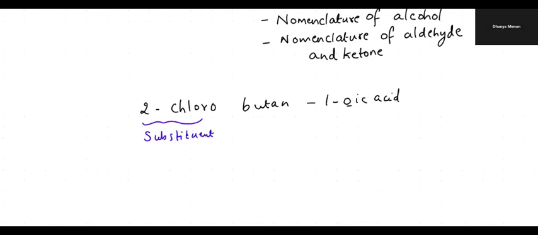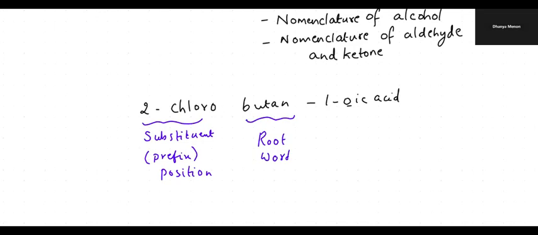It is also called the prefix. First we always write the prefix with the position. Then butane is the root word. It tells us how many carbon atoms are there in the longest chain.